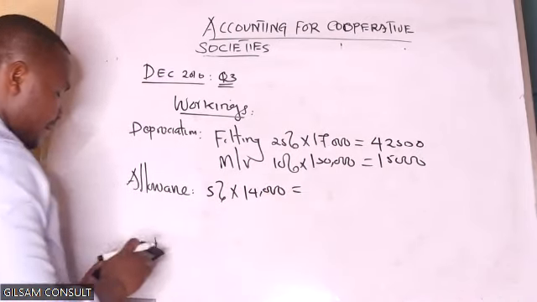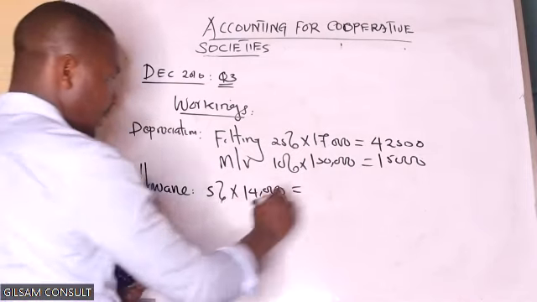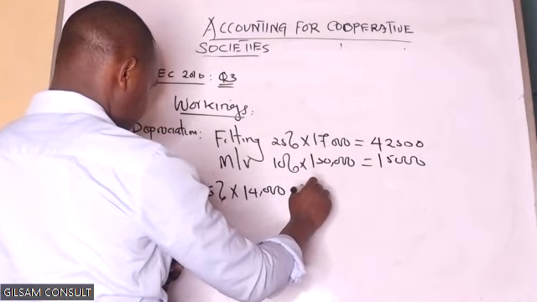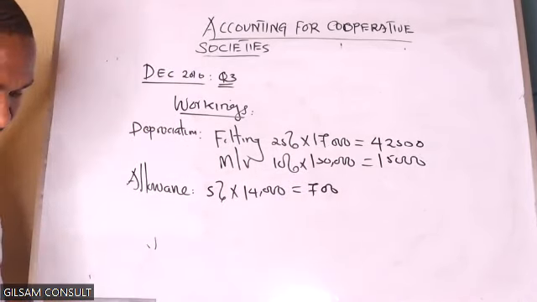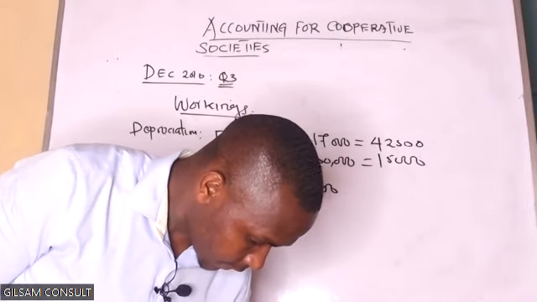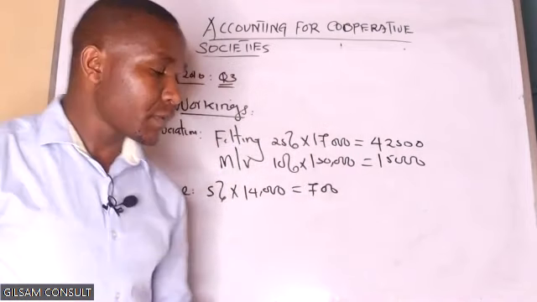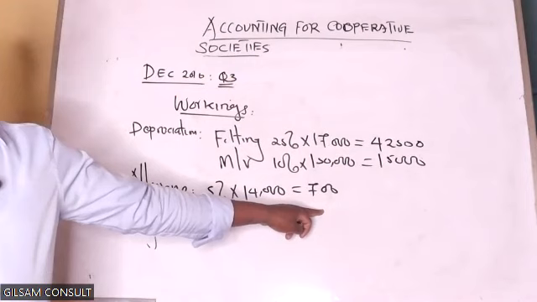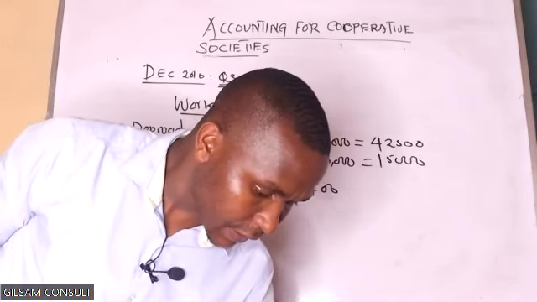How much is 5% of 14,000? That is 700. You check in the trial balance whether they have that allowance for doubtful debt. If they don't have, it means we are increasing from 0 to 700, so this one is an expense.